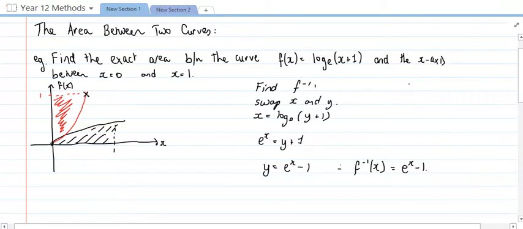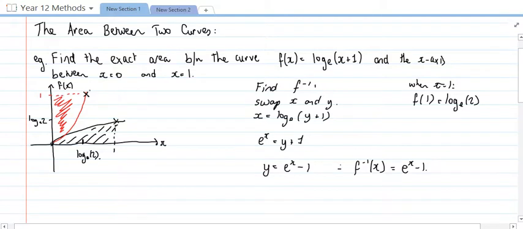So when x equals 1, f of 1 is just going to be equal to log e of 1 plus 1, which is log e of 2. So this height here is log e of 2, which means that this x coordinate here is also log e of 2.